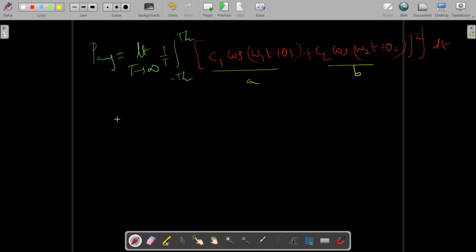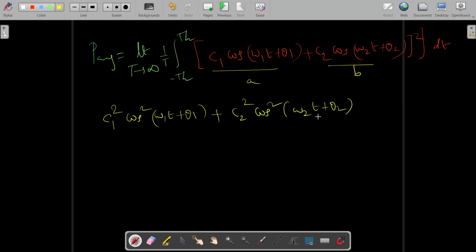Using this formula we can easily separate this: c1 squared cos square omega 1 t plus theta 1, plus c2 squared cos square omega 2 t plus theta 2, plus 2ab, that is 2 c1 c2, where a is cos omega 1 t plus theta 1 and b is cos omega 2 t plus theta 2.